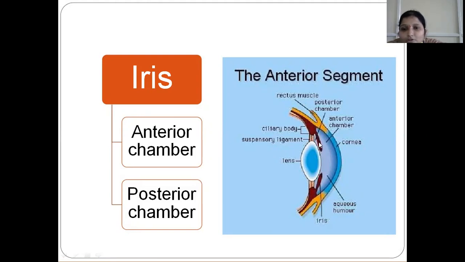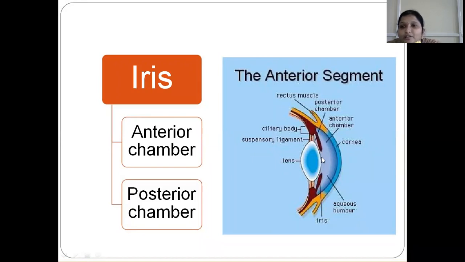With the iris, you divide the anterior segment: structures present anterior to the iris form the anterior chamber. The posterior surface of the cornea forms the anterior lining of the anterior chamber and the posterior part of the anterior chamber is lined by the anterior surface of the iris. Next, the posterior chamber is lined anteriorly by the iris and posteriorly by the zonules and lens.